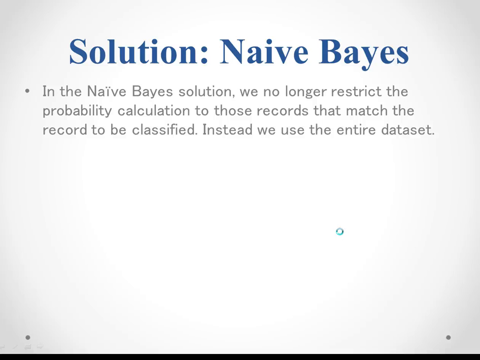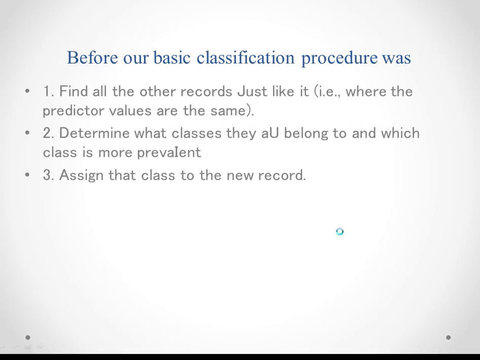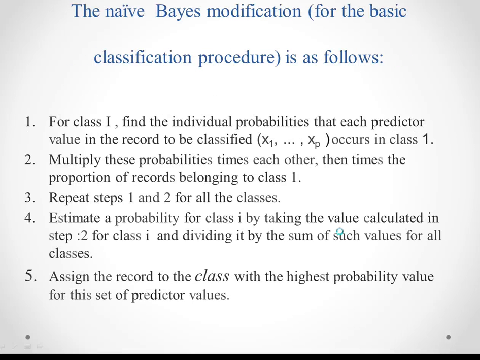In the naive Bayes solution, we no longer restrict the probability calculation to those records that match the record to be classified. Before, our basic classification procedure was: find all the other records just like it, determine what classes they belong to, and assign that class to the new record. The naive Bayes modification is as follows.